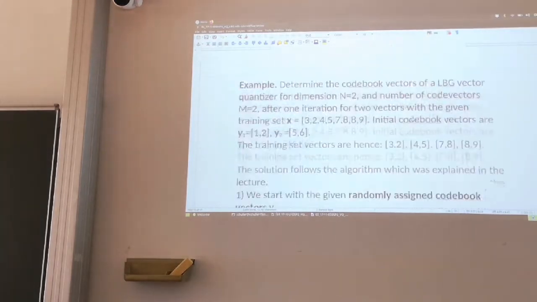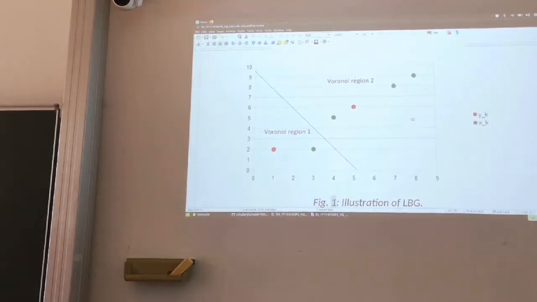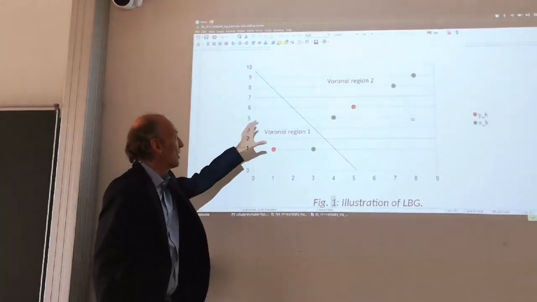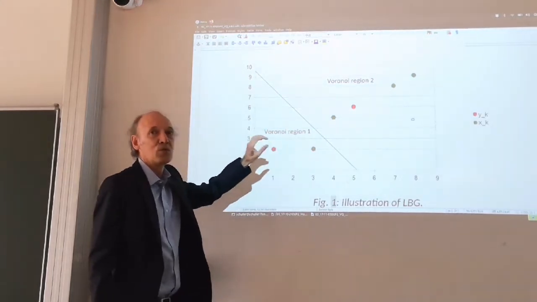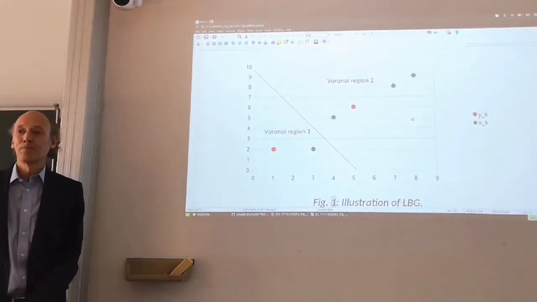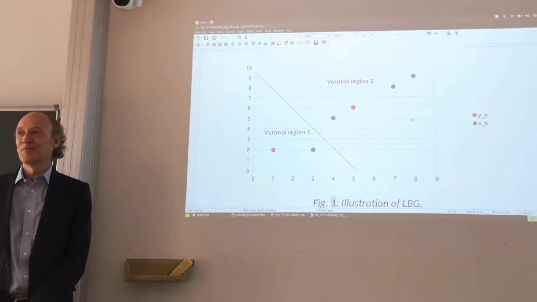So going back to our example, here, what's the average of all signal vectors which fall into this Voronoi region 1? We have only one, so it's that one. We don't have to compute the average.